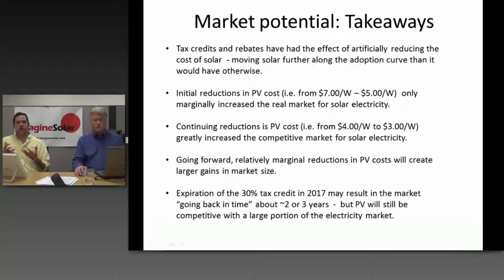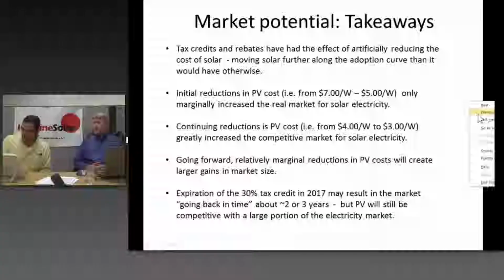And those initial reductions in PV costs from, say, $7 per watt to $5 per watt, really only marginally increase the market. It's the next reductions in costs that we're going to see from this point forward that are really going to cause the market to explode wide open.